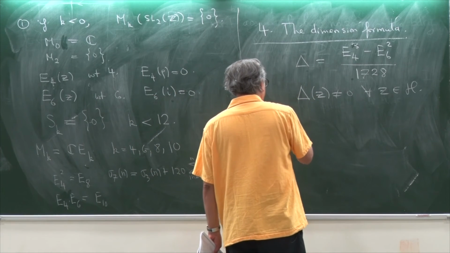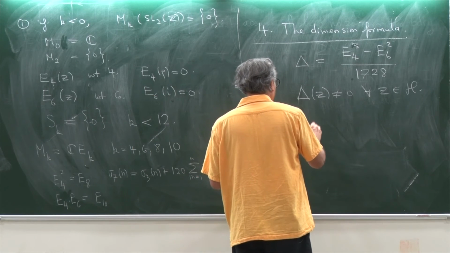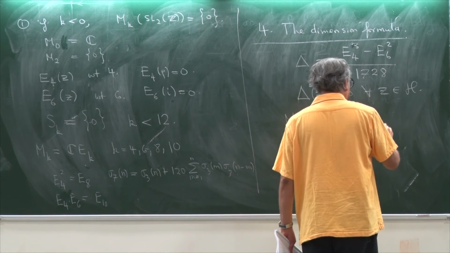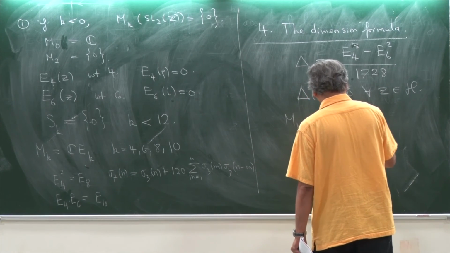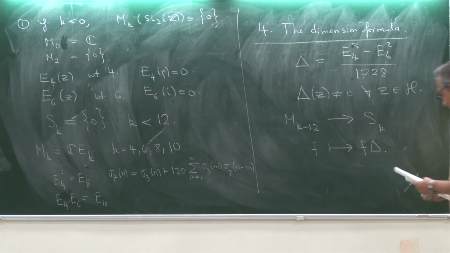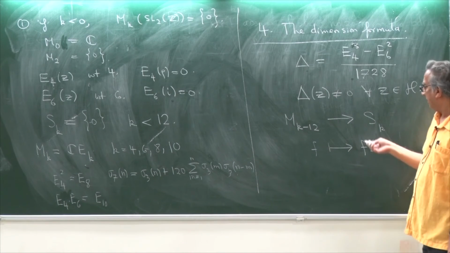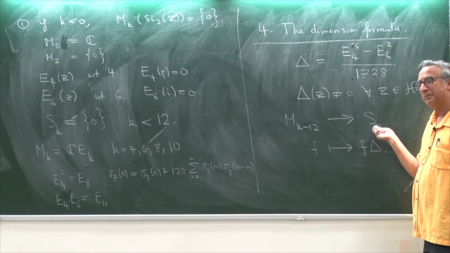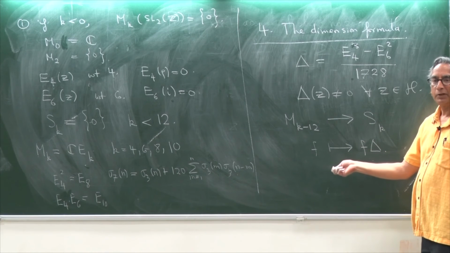So we have a map M_{k-12} to S_k. We take a modular form f and multiply it by delta. And this is a surjective map, because if I take g here and divide by delta, I have a modular form of weight k minus 12.